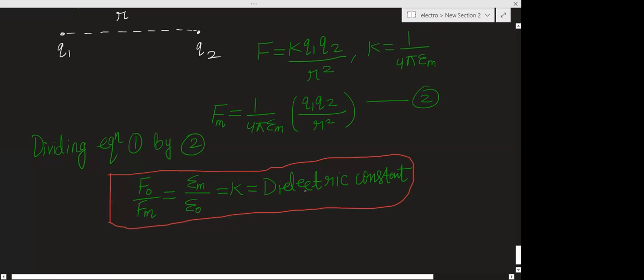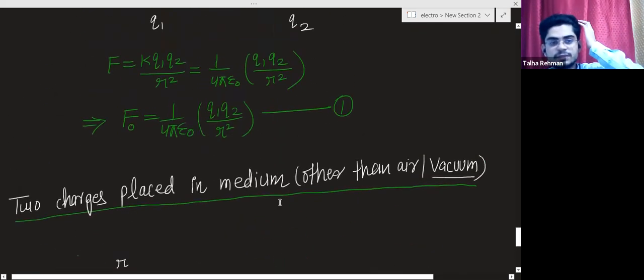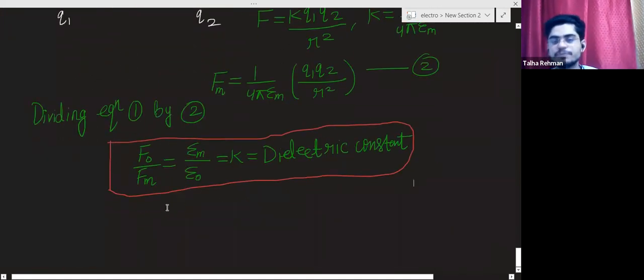You can also say K is the relative permittivity. That's not a problem. You should remember there is a K, that is dielectric constant.